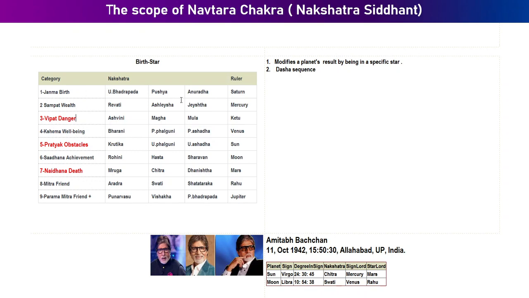For example, in this particular table, if somebody is born with Saturn as the birth star ruler, then his or her Ketu dasha is going to be bad. Venus dasha is going to be good, 20 years, and Sun dasha is again going to be bad. So, but I don't think things usually work that way, right?